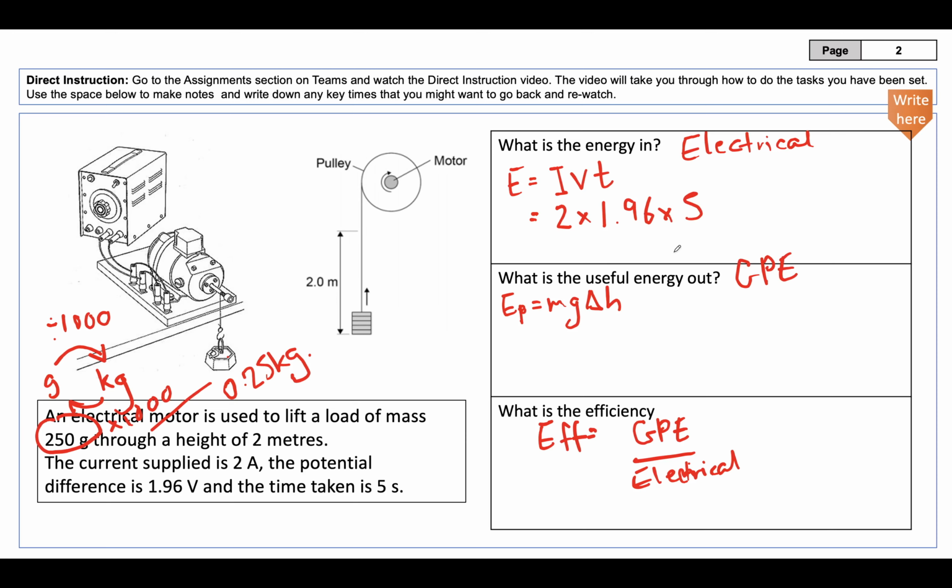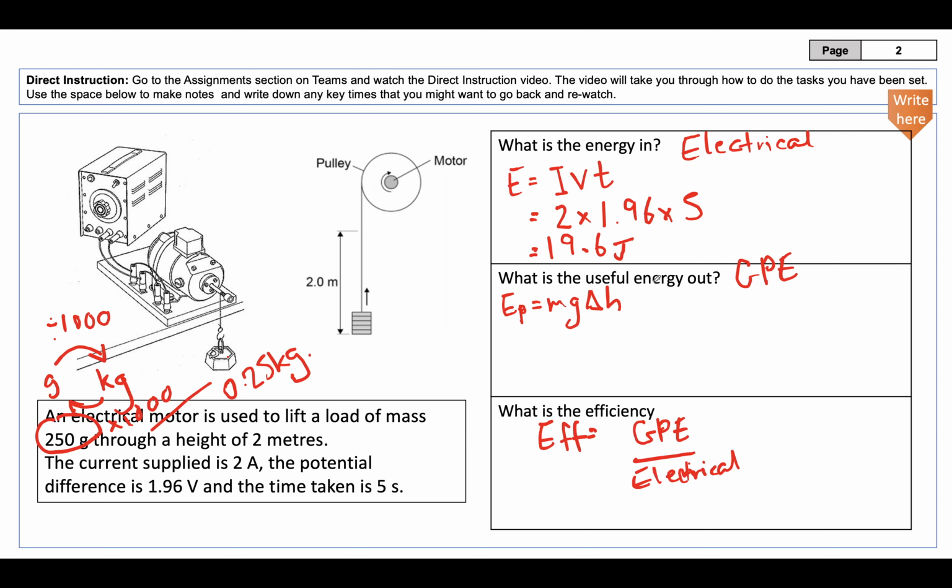And I've got 2 times 1.96 times 5. That gives me 19.6 joules. So again, this is my total energy in, that's going to go on the bottom of my equation.